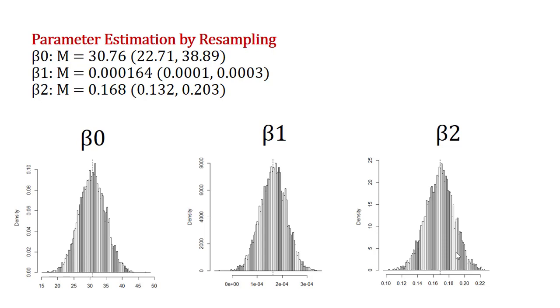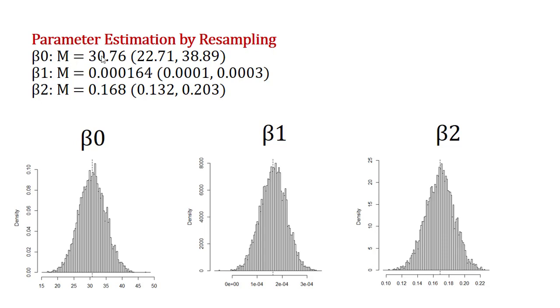We obtain a new sample by sampling from the values of the original sample, and we obtain beta 0, beta 1, beta 2 again, and we repeat that process thousands of times. So we have thousands of beta zeros, thousands of beta ones, thousands of beta twos, and we can generate a histogram with those values.